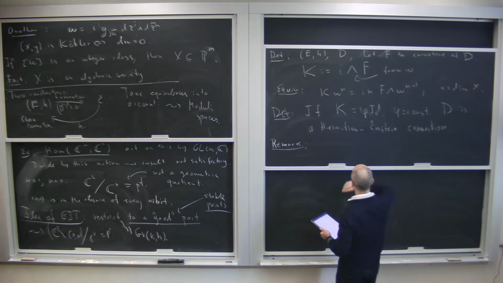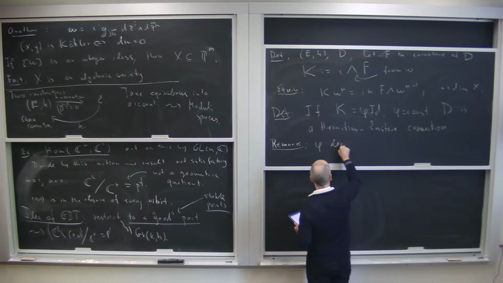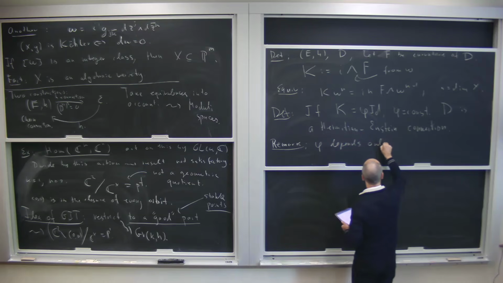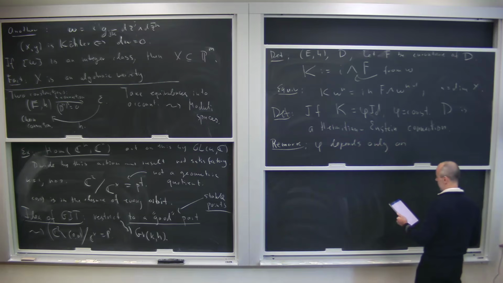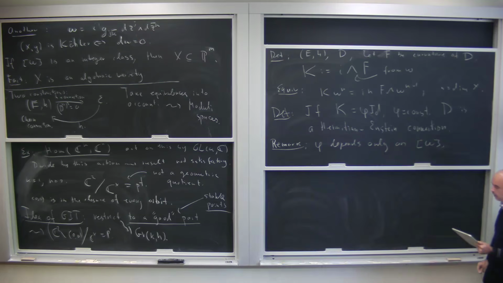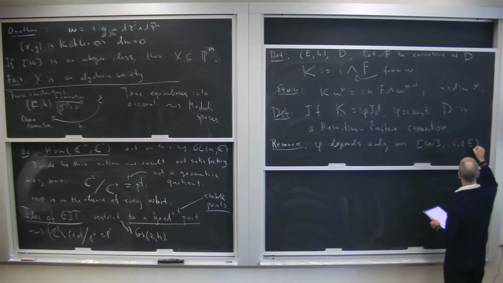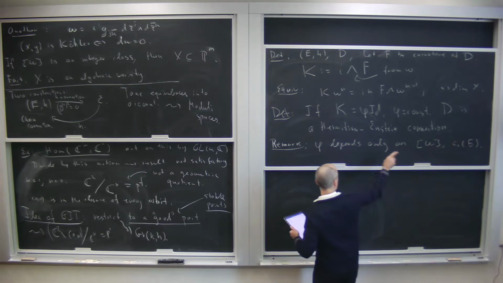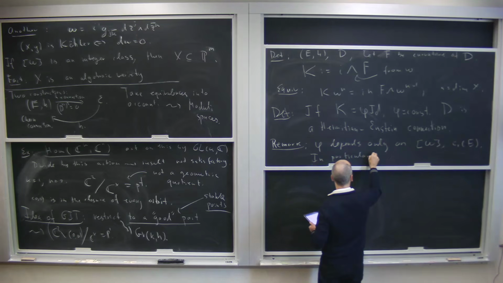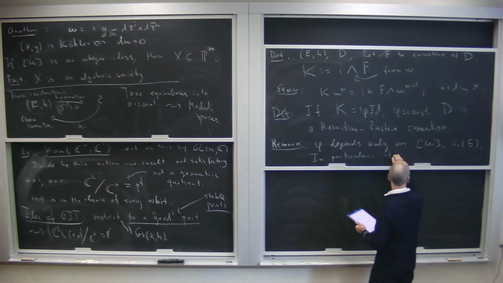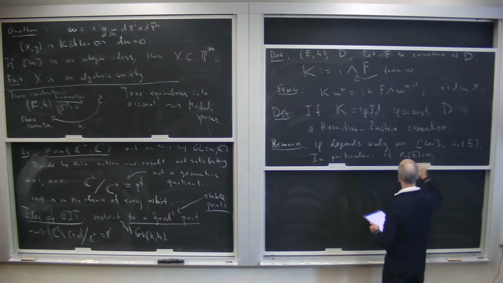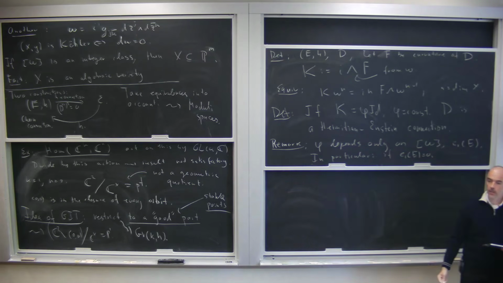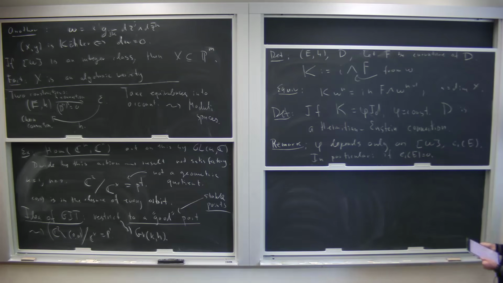Now, if D is Hermitian-Einstein, then phi depends only on the homology class of our Kähler structure and on the first Chern class of our complex bundle. That's all it depends on. In particular, if the first Chern class is 0, then this phi is not just a constant number, it is the constant number 0.